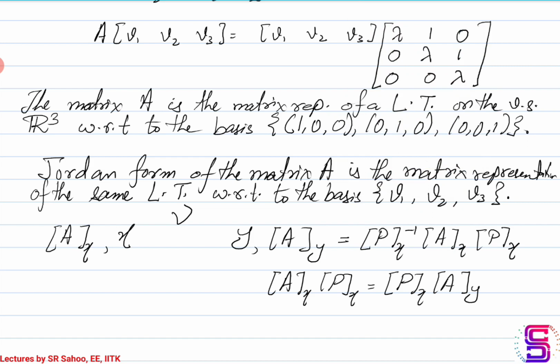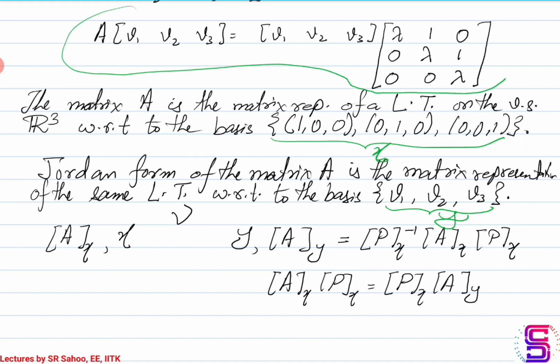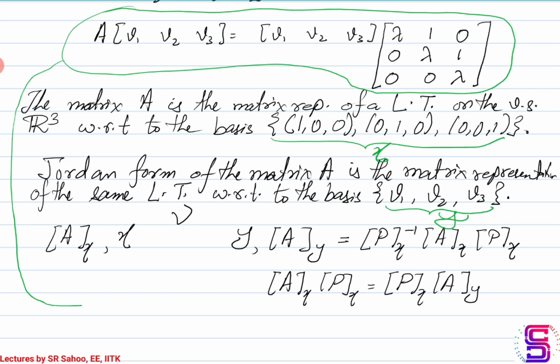Now here, these three vectors 1 0 0, 0 1 0 and 0 0 1 can be considered as the basis X, and the eigenvectors here can be considered as the basis Y. So what we have as a relationship here is of this form, where P_X is nothing but the eigenvectors.